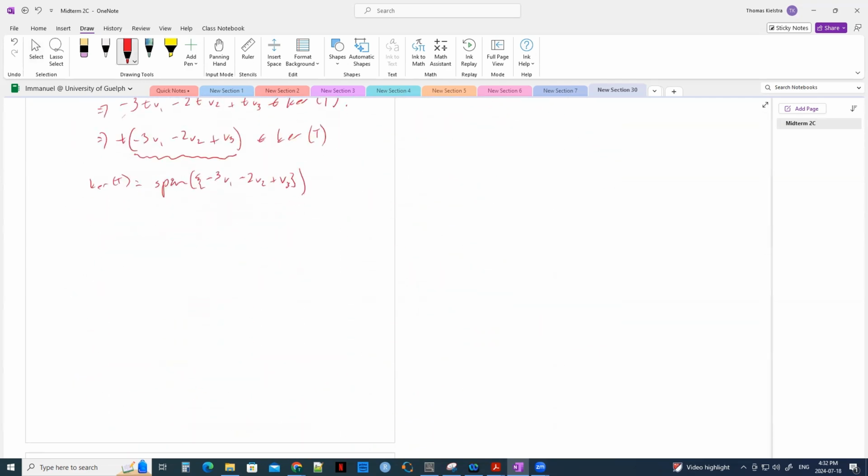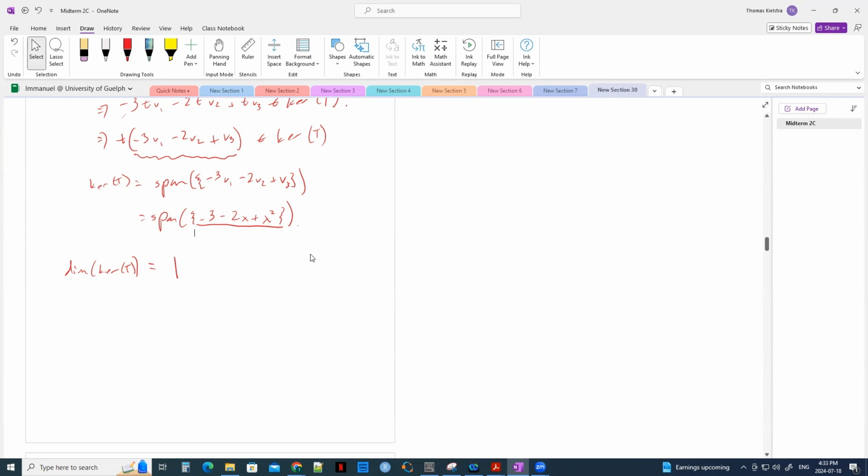So this is actually the span of -3 - 2x + x squared. And this is our basis vector for our kernel. So the kernel is the span of this vector. Things to note: the dimension of the kernel of T equals 1, because I have one vector here.